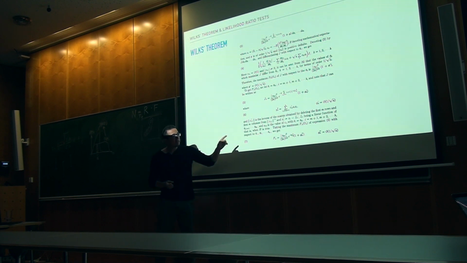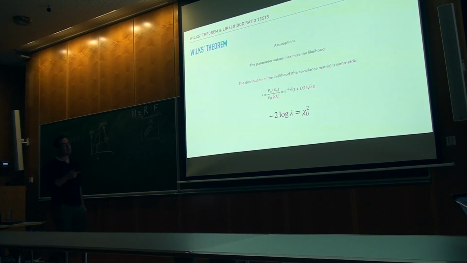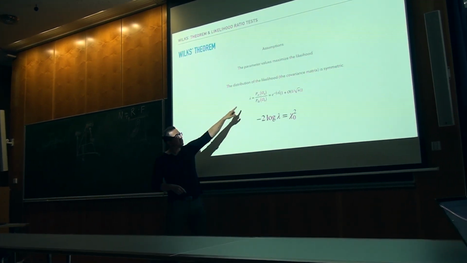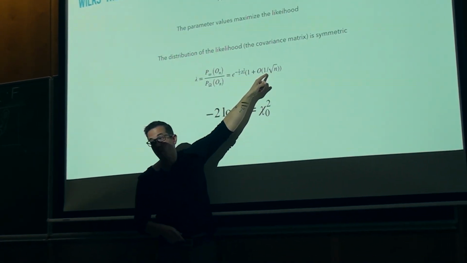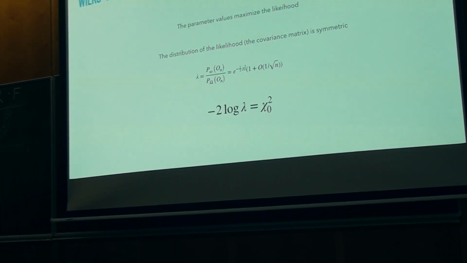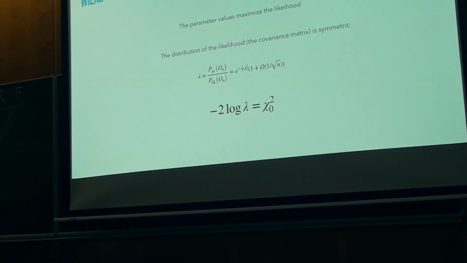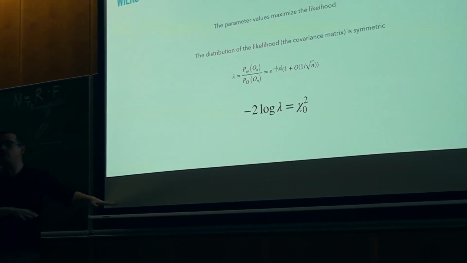That's mainly because he found that when you go through all this mathematics, the likelihood ratio test should be distributed as a chi² up to order 1 over square root of n, where n is the number of data points. Now, you can imagine if you have a nonlinear model, the power in your expansion can drop off very, very fast.